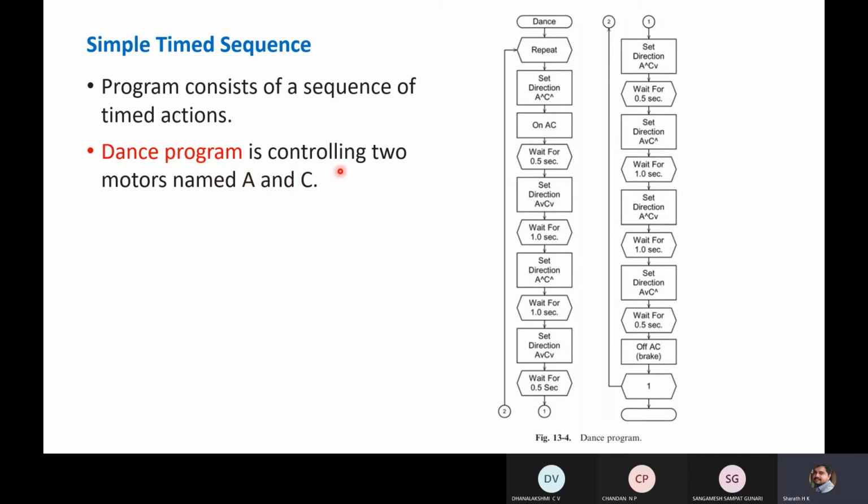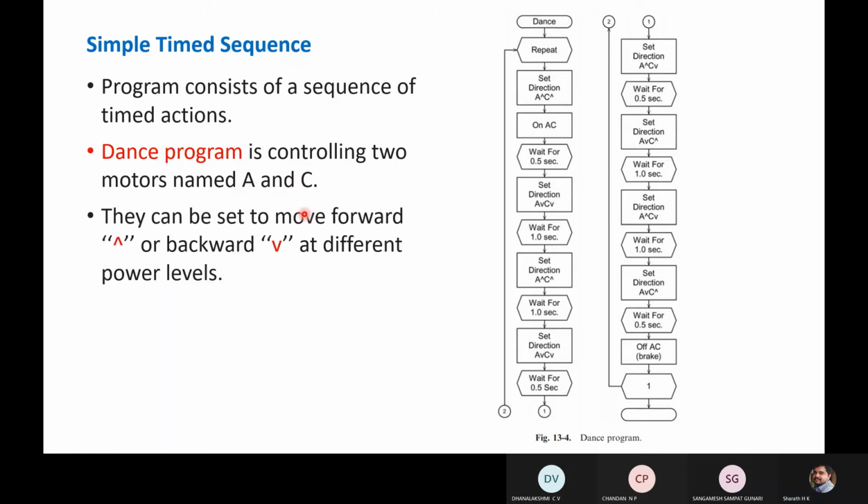The dance program is controlling two motors named A and C. They can be set to move forward. As we discussed earlier, this is the symbol used to represent movement in forward direction. V is the symbol used to represent movement in backward direction. Now consider a dance program. The name of the program is dance.